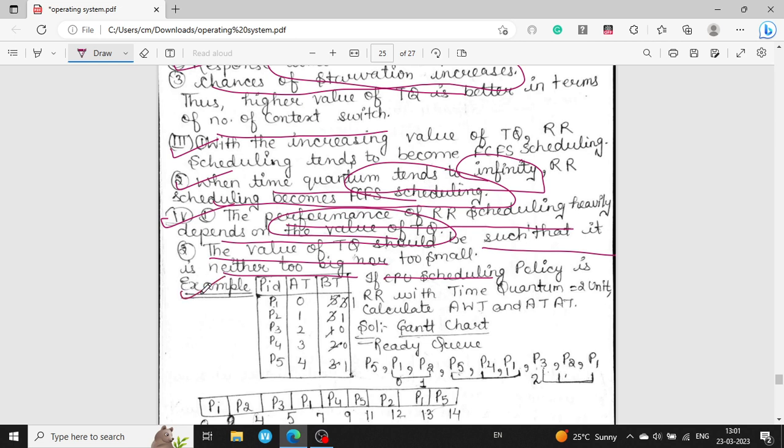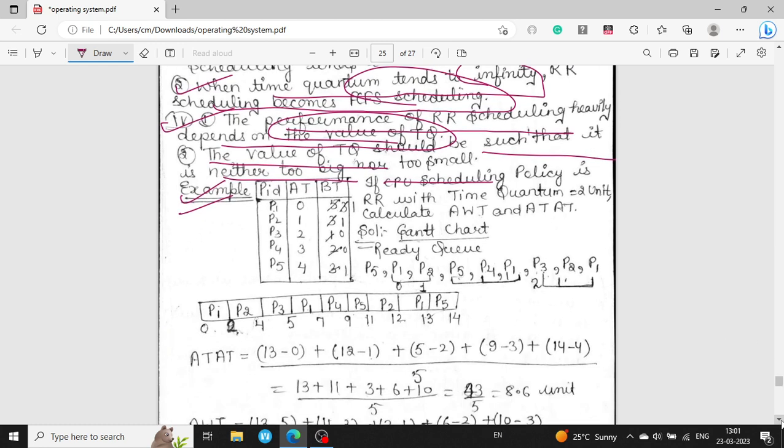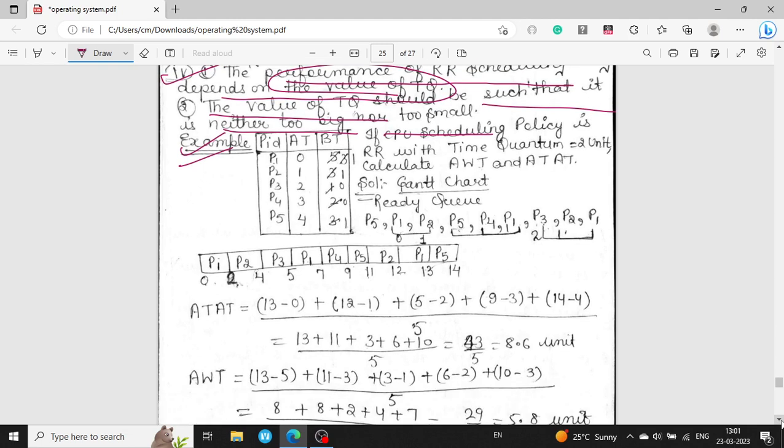Now next, for example, we have been given these 5 processes with arrival time and burst time. Now we are going to start making the Gantt chart. Before starting the Gantt chart, we should see first of all what processes will be in the ready queue.